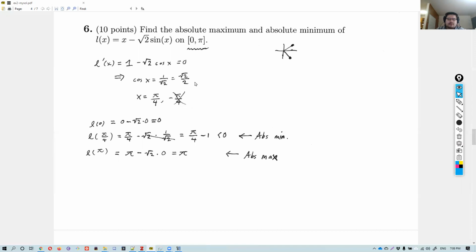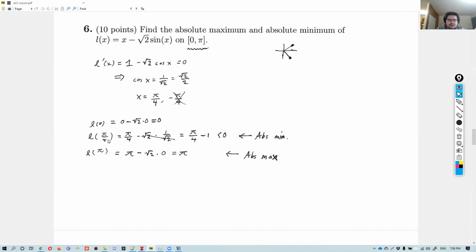The second angle that should come to mind is negative pi/4, because cosine is positive on these two quadrants. But notice that negative pi/4 does not lie inside this interval, so it's immediately excluded.